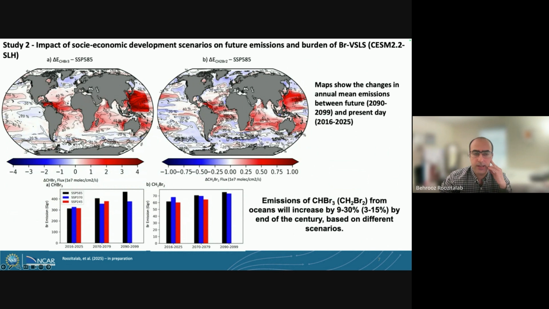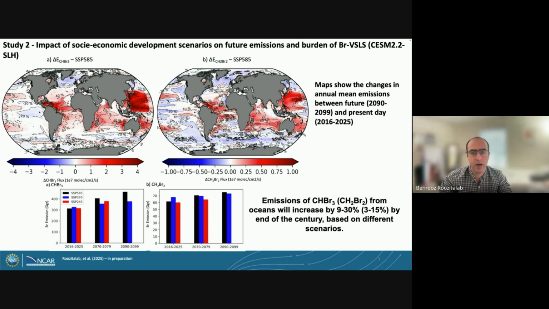And we saw large increases over certain regions, specifically over the tropical Pacific, Western Pacific region, which is a main pathway for the transport of the compounds to the upper troposphere.